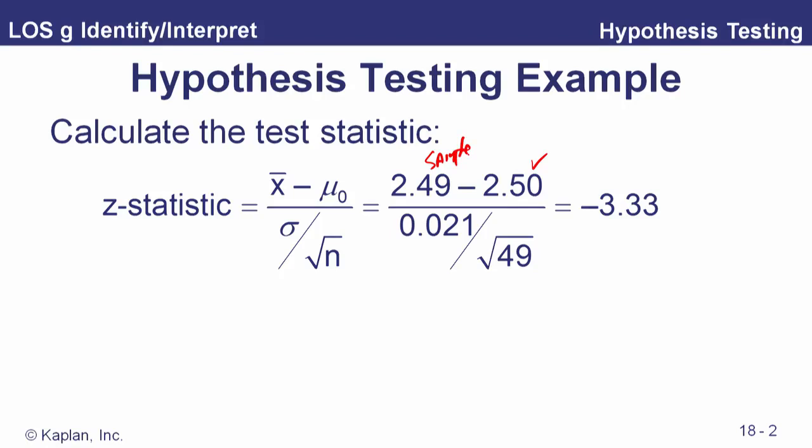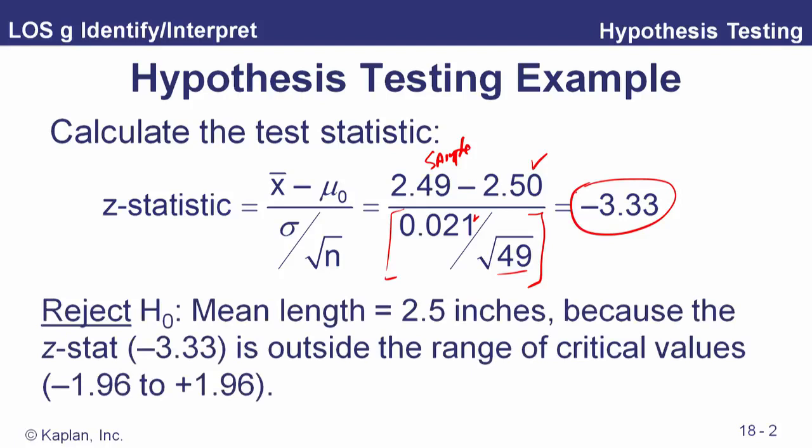So our standard error is the standard deviation of the population, which was given to us, divided by the square root of n. So how many standard errors are we away from 2.5? Well, we're actually 3.33 standard errors below 2.5. And that's certainly outside our critical values of minus 1.96.